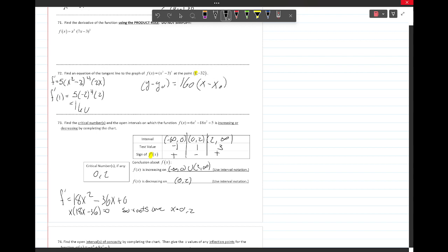Then we'll plug in x naught, which is what we get from the question, and then we can simplify this out a little bit.